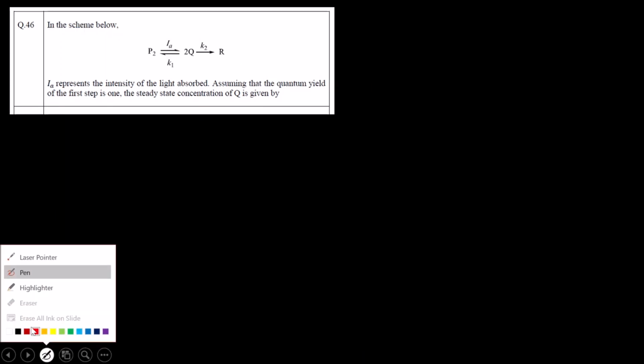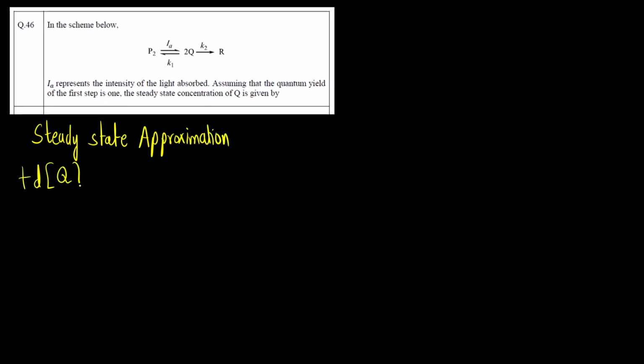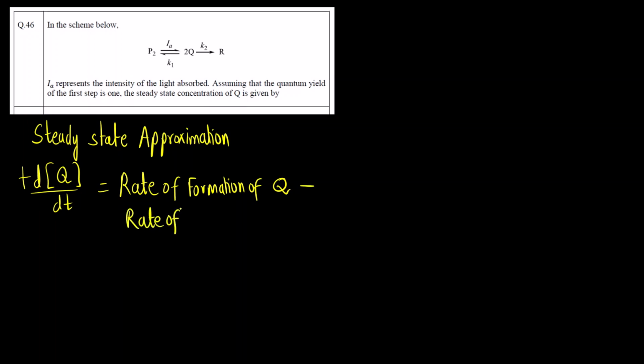So first, how do we write down the steady state approximation? According to the steady state approximation, for the intermediate, dQ by dt will be rate of formation of Q minus rate of decomposition of Q is equal to 0.